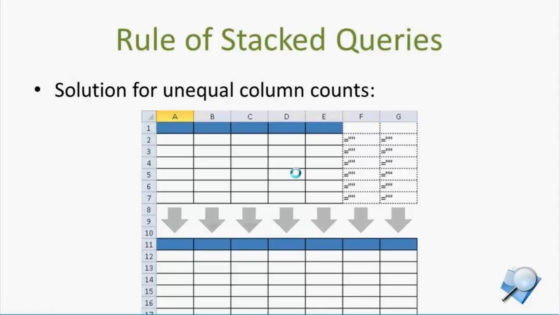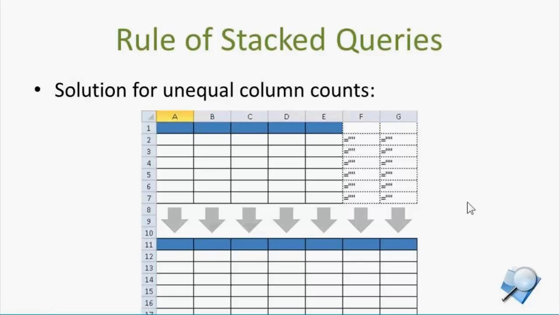Okay? So we try to keep the number of columns equal when we have queries stacked on top of each other. And the reason I bring this up in this class is because financial statements tend to have more of this going on than other kinds of reports, because you're going to have multiple sections of different types of accounts or different ranges of accounts, and you need to make sure those sections play nice with each other. They don't create that kind of split like I was showing earlier.